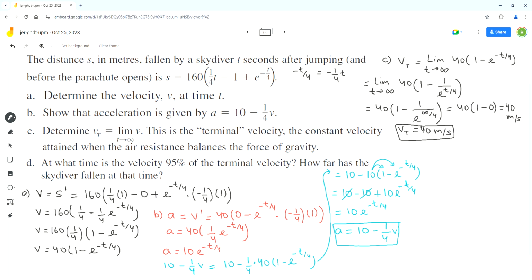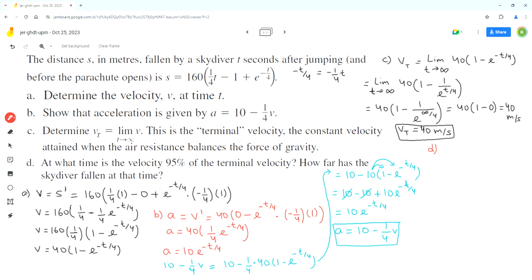Now we can analyze part D. At what time is the velocity 95% of the terminal velocity? Now the terminal velocity we got is 40 meters per second. So the next step is to find what velocity is 95% of 40.